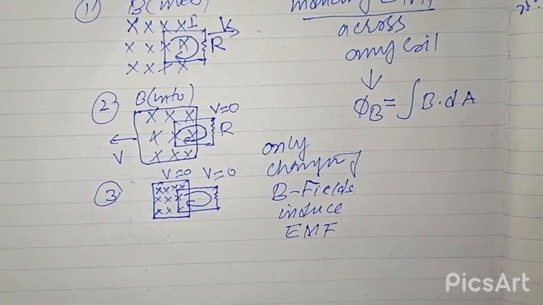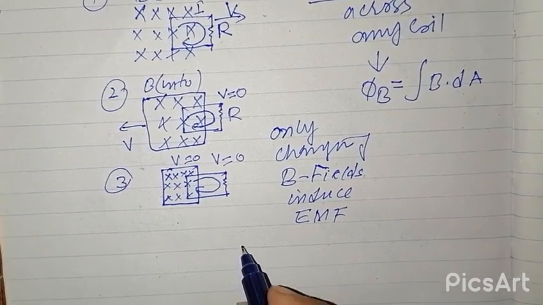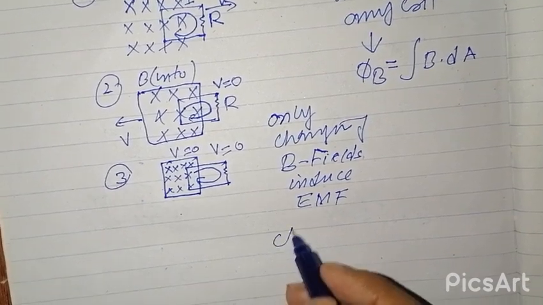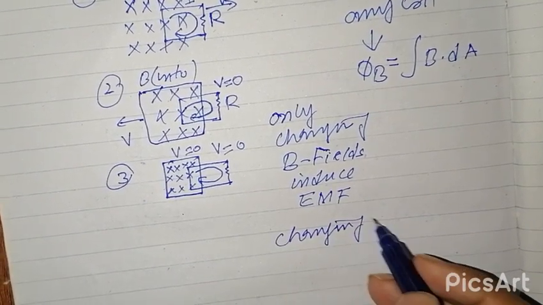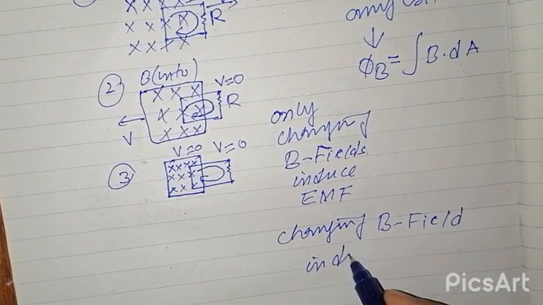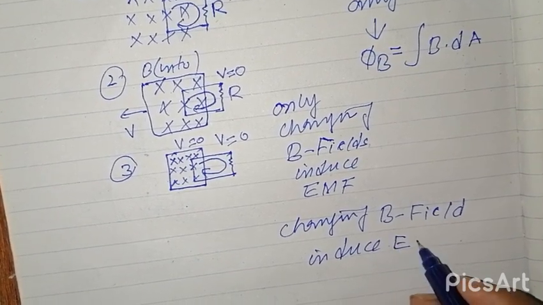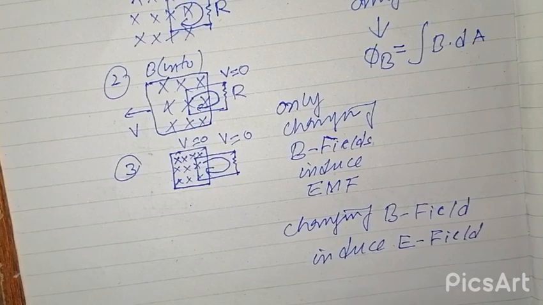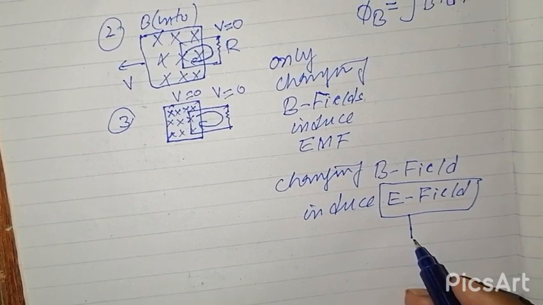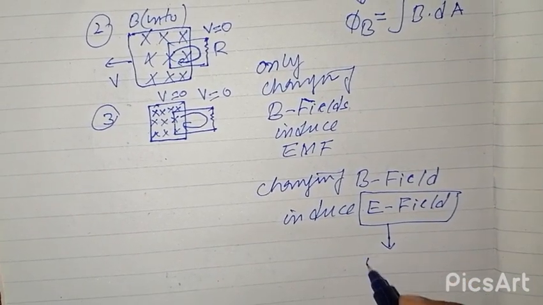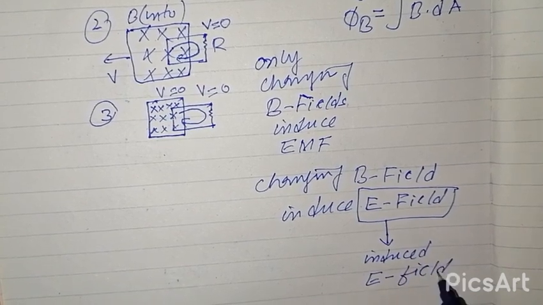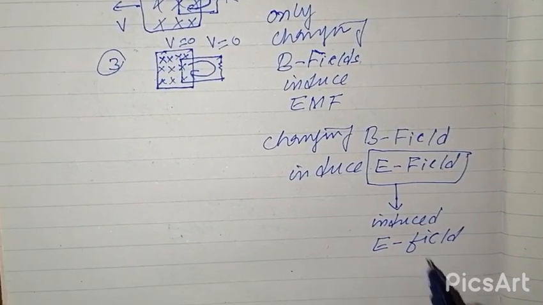Because they induce electric fields: changing magnetic fields, B fields, induce E fields, electric fields, and these fields are known as induced electric fields. Induced E fields are non-conservative fields.